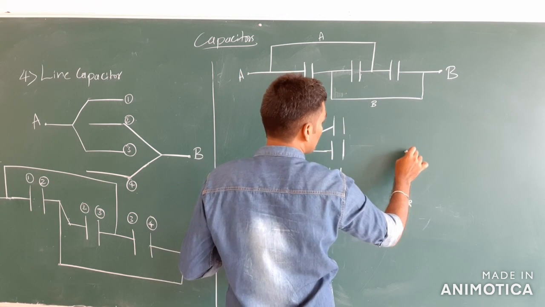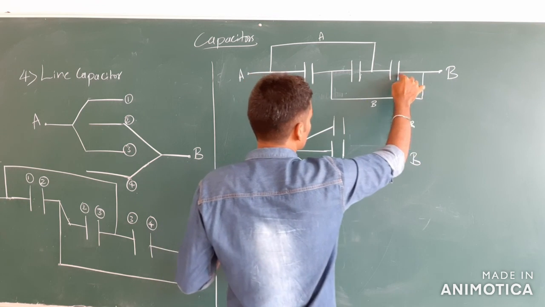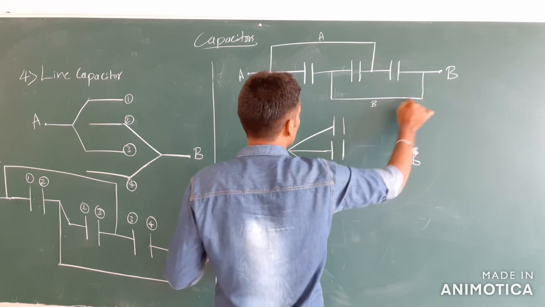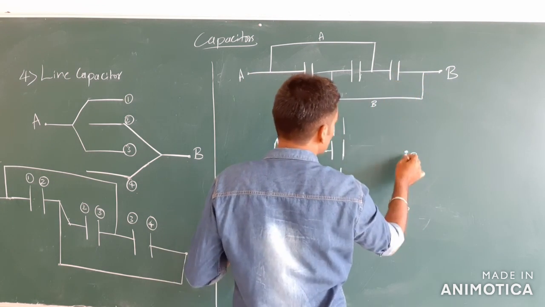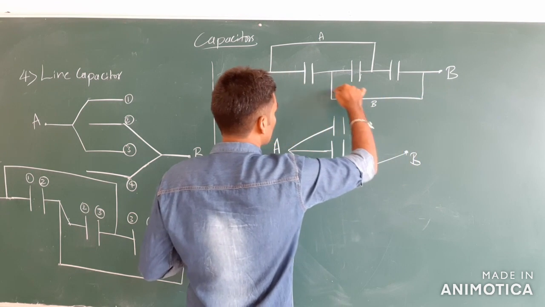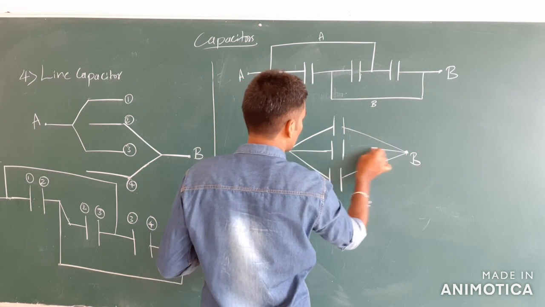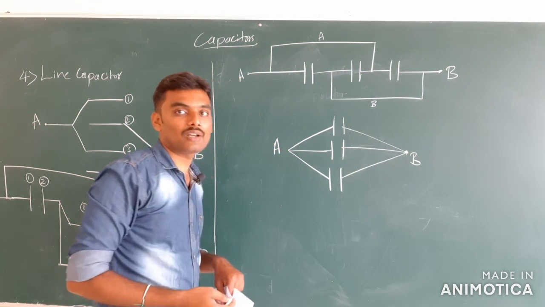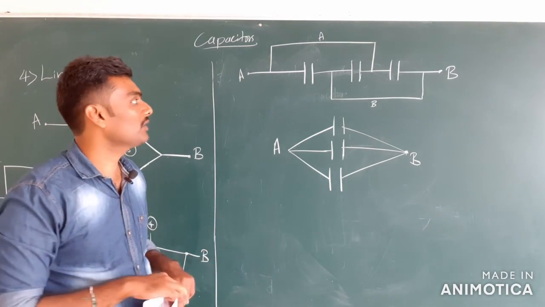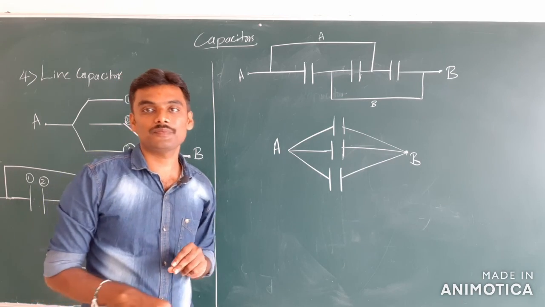And from B there goes a connection to the third capacitor and one more connection to both the first and second. So this is actually a parallel combination. Keep this in mind. If you have such an arrangement, it is a parallel combination of capacitors.